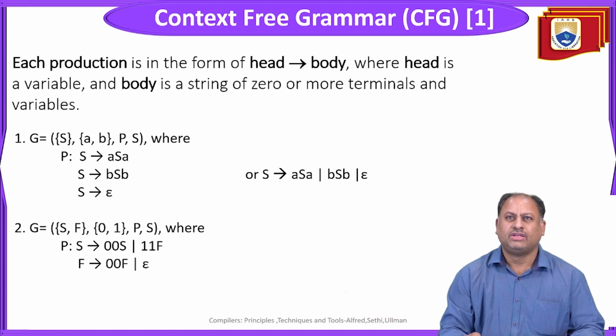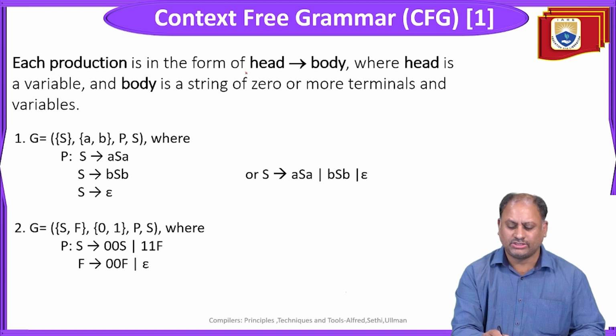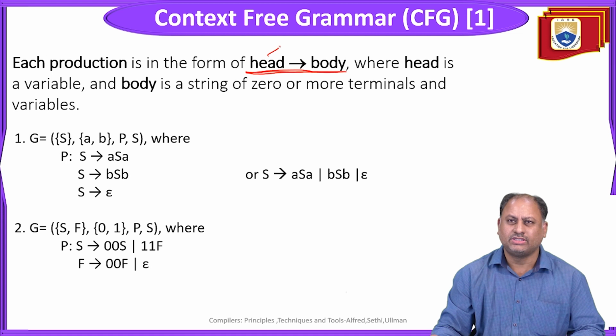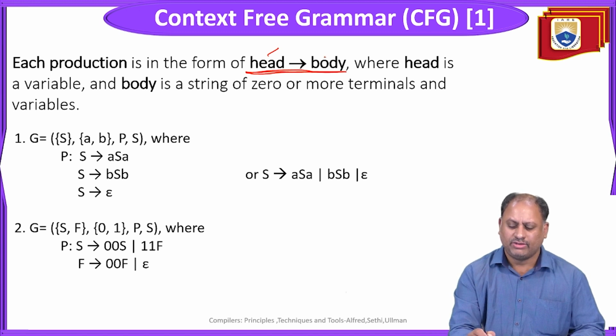Here, we have considered the third element, that is production, in this grammar. Generally we represent a notation such as head defines body. Head is nothing but a variable, that means the non-terminal that is written on the left hand side of this derivation symbol. Whereas the right hand side of the derivation contains variables and terminals.